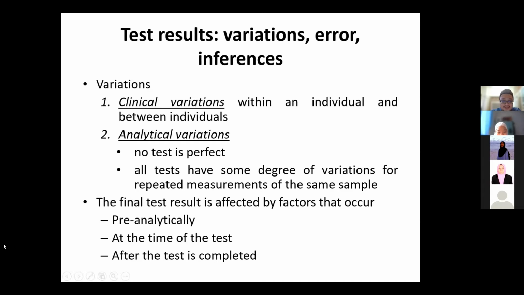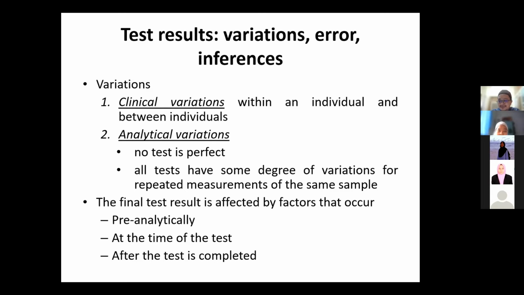Kat sini ada kan satu clinical variation and then analytical variation. So apa agaknya? Clinical variation ni contoh-contoh. Analytical variation contoh-contoh. You can also arrange it or think about it in this way. Pre-analytical, at the time of the test and after the test is completed, what kind of errors might happen?